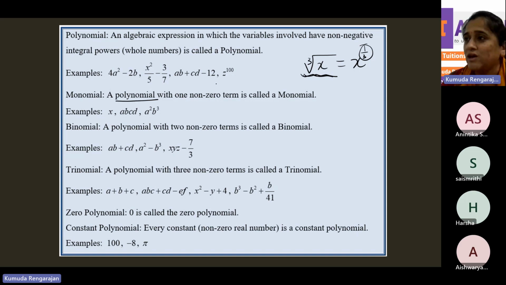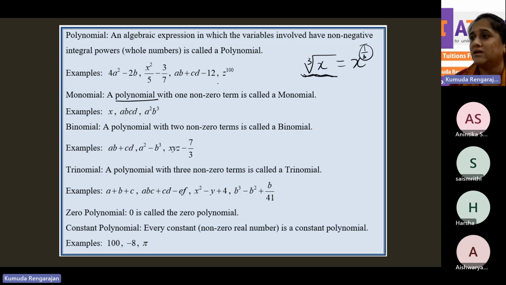And if it is not a polynomial, it's not a monomial. It is an algebraic expression with 1 term, but that doesn't make it a monomial. For an expression to be a monomial, it should be a polynomial in the first place. It's not sufficient if it's an algebraic expression; it should be a polynomial.